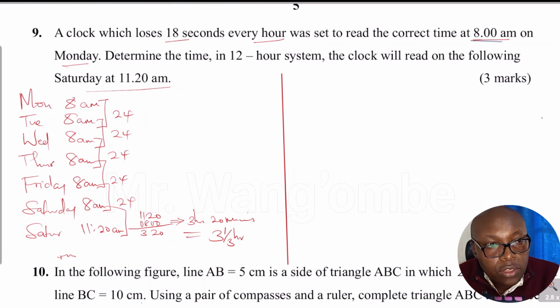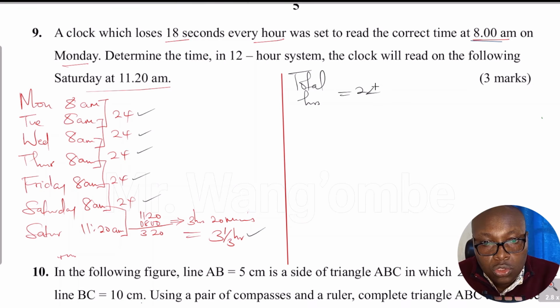So now we have the total number of hours. All these are the hours that we need. So total hours is equivalent to 24 multiplied by 5, then plus these 3 hours and a third.